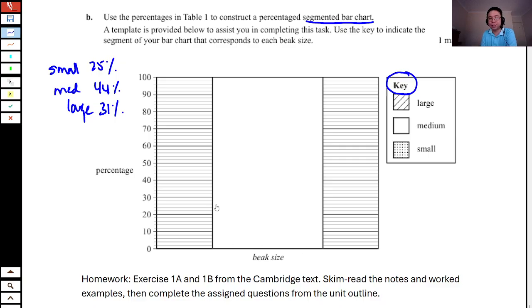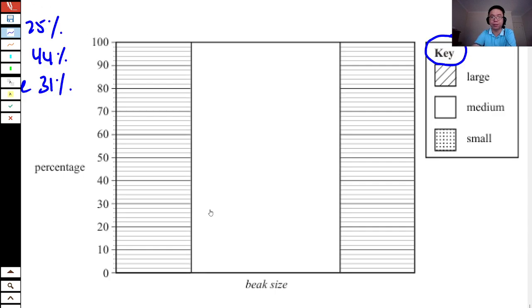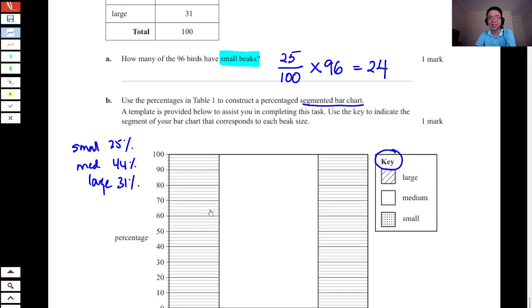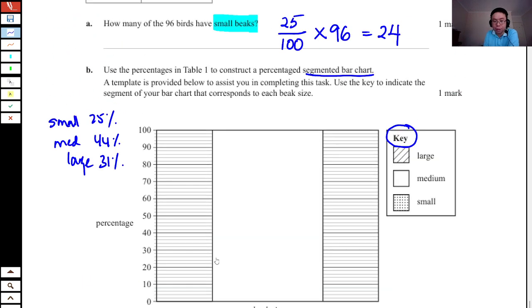So the first region will end, I'll zoom in for you, at 25 on the vertical scale. We'll just leave it at this, I think. So 25 is sort of halfway between 20 and 30.